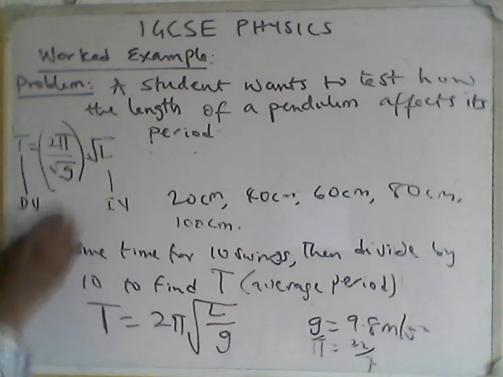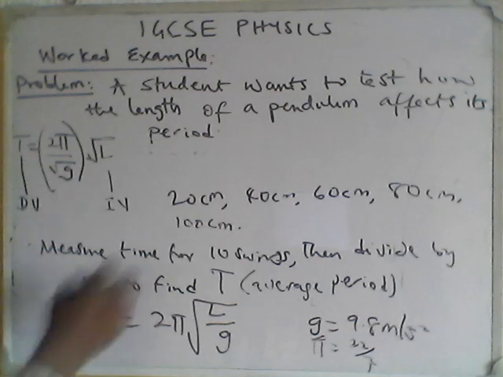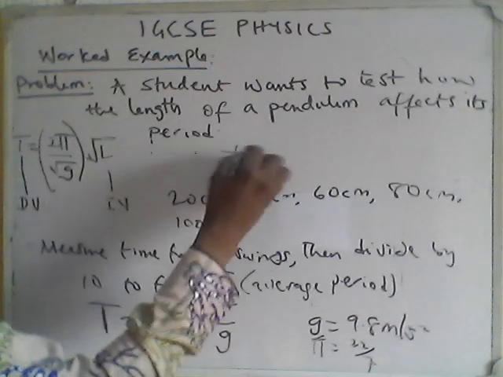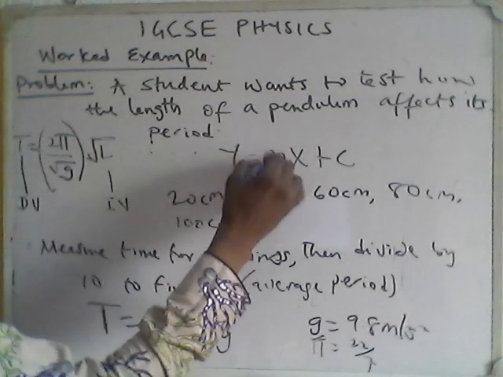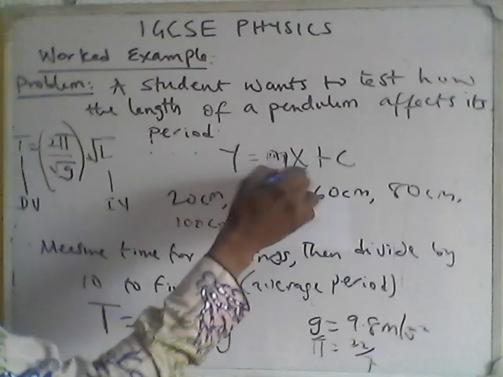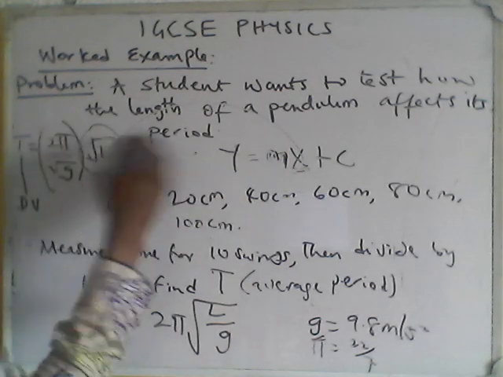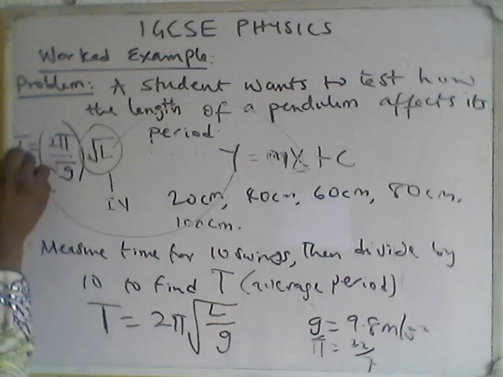But you know that there's a constant term here. So you know that the general formula for a linear equation is y equals mx plus c. Now, this x maps into this one by comparison, and y maps into T. You understand?